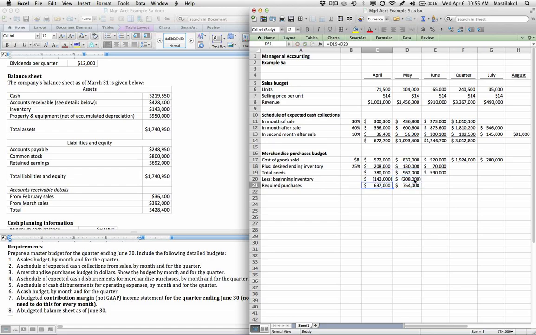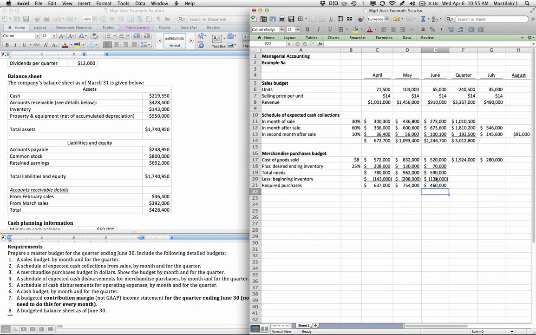And so we can simply subtract the 208 and say we have to buy 754. Same thing in June. Since we're planning to end May with $130,000 worth of inventory, we don't have to buy that. And so now we can purchase during June $460,000 worth of inventory.